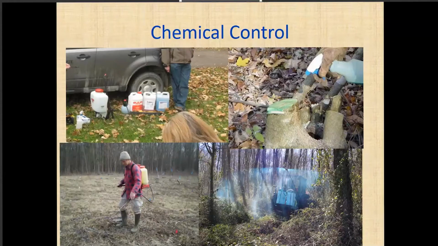Or it could be more of a broadcast application. And so the lower right-hand corner, we've got an understory forest area that's overrun with the vine Japanese honeysuckle, and we're using a broadcast application on the back of a skidder or a tractor to put as much herbicide as possible on that infestation, since it's almost the only plant that exists in that location.